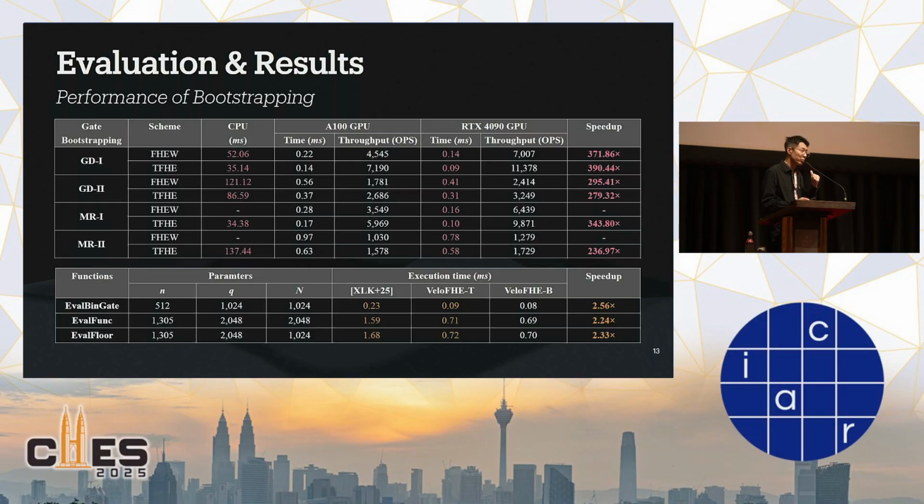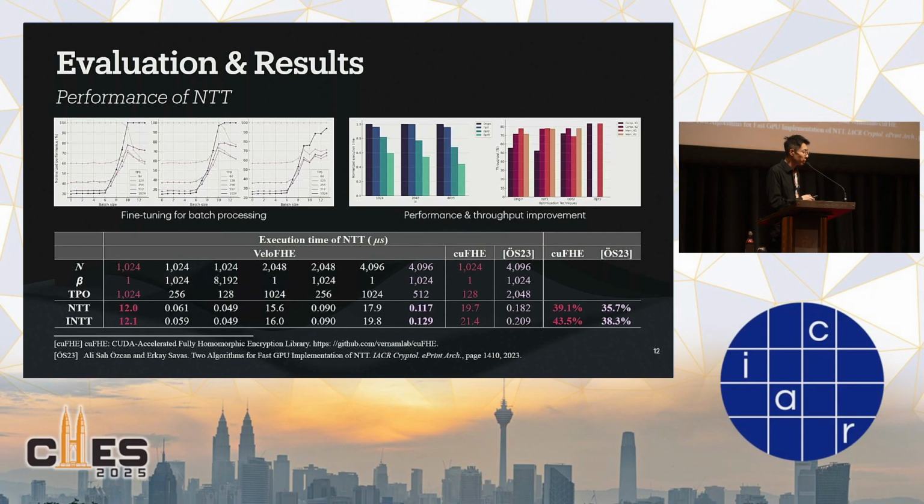So we mostly use amortized time, like you mentioned, the time per ciphertext. The latency we use is mostly about the low-level arithmetic. So basically we just have a very high throughput design because the GPU is more capable of that.